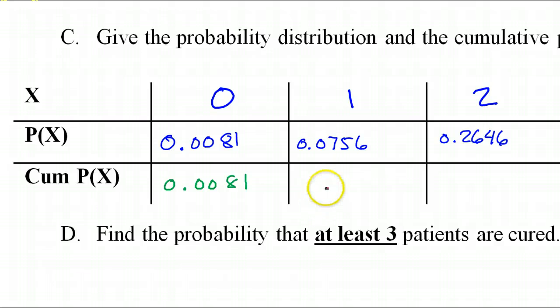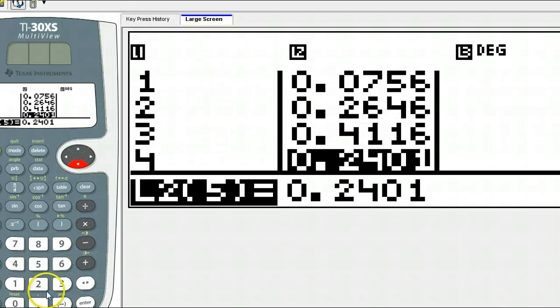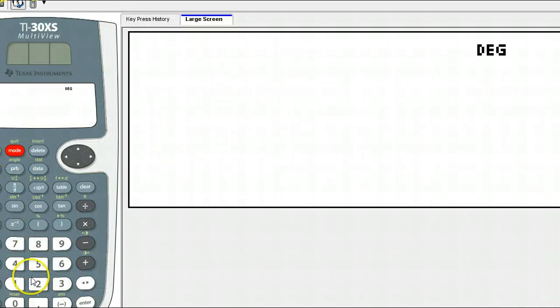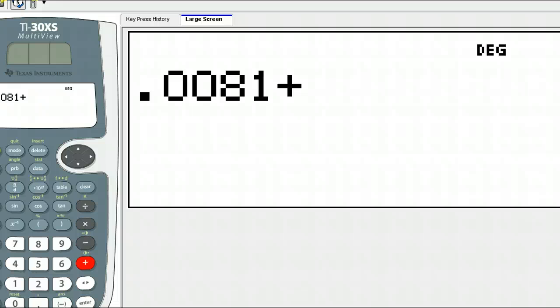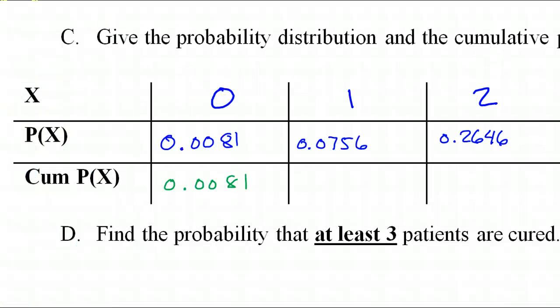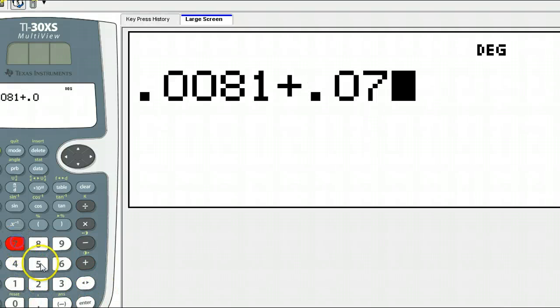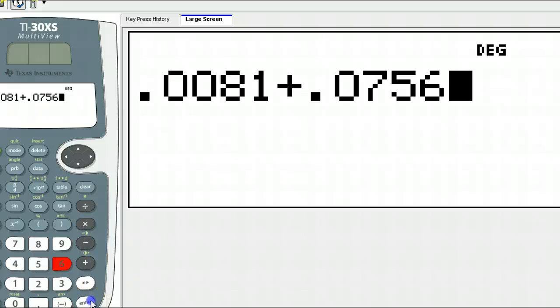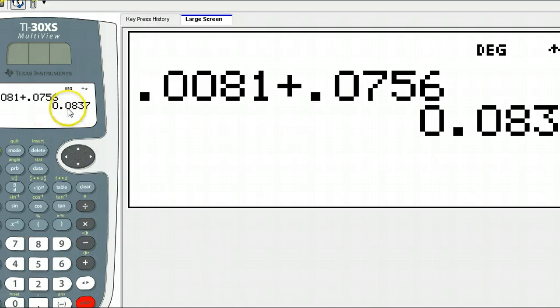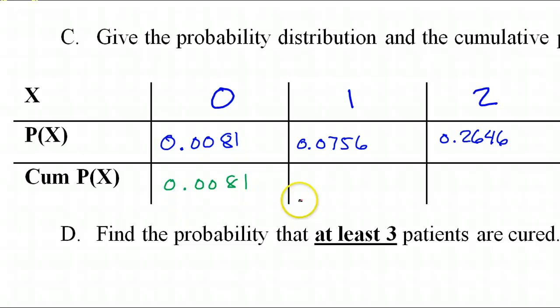0.0081. The second one is going to be the sum of both of these. So I'm talking about 0.0081 plus 0.0756. Okay, that's 0.0837.